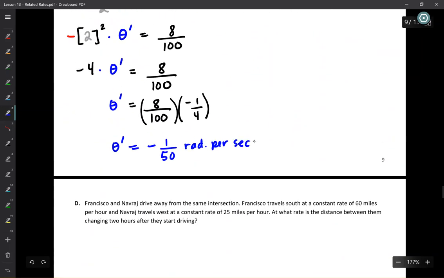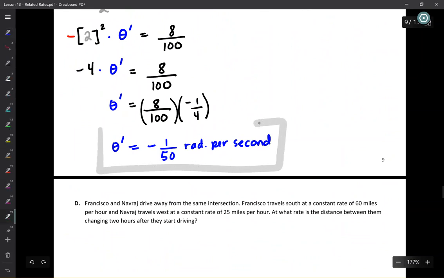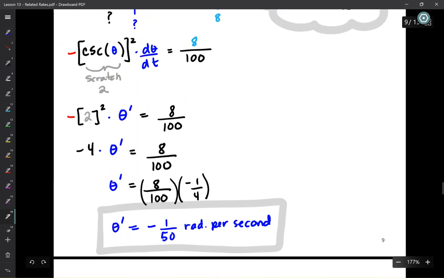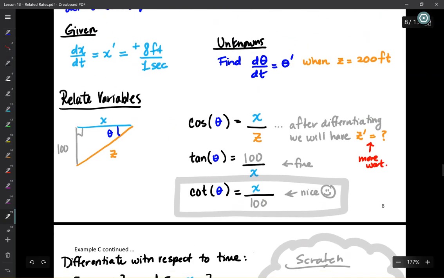Radians per second. Okay, not the only way to do this problem, but I hope I've modeled for you why I made this choice. The other choice is fine too, but really that one is so much work, because when I take the derivative, low z d high x, x prime minus high x d low z prime, all over low squared, I have a z prime showing up in that equation.